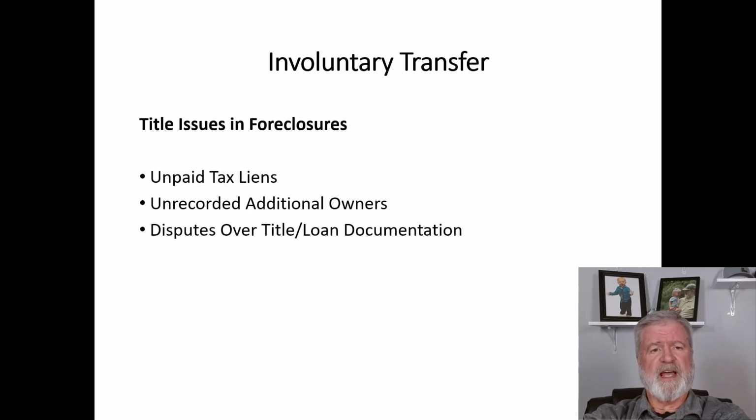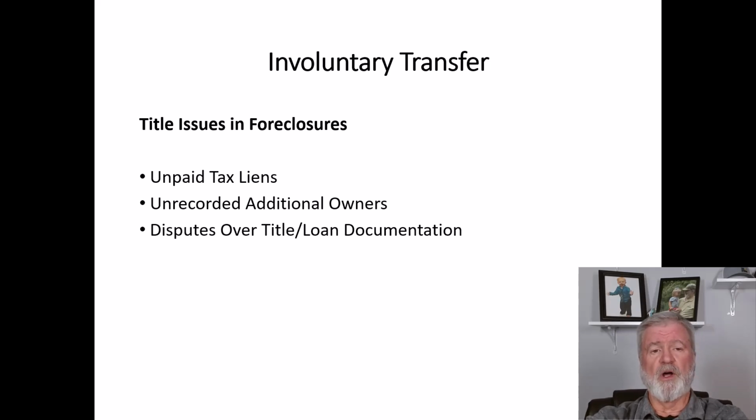But what are the title issues surrounding foreclosure? There could be a few of them. Obviously, see three of them listed here. Unpaid tax liens, that's always an issue, because if they're not making their house payment, good chance they're not paying their property taxes either. So there could be some tax liens.